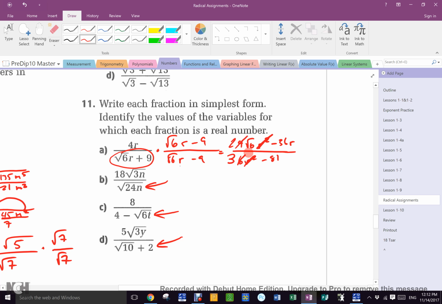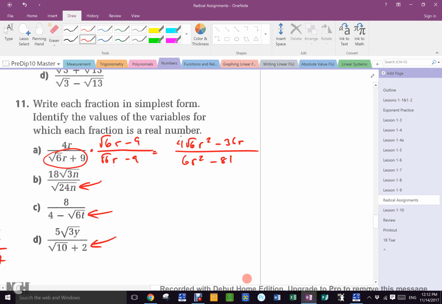And actually, that's not what I would do. Sorry. Looking at it now, it would be 4 root 6 r squared minus 36r over 6r squared minus 81. I would factor those first.